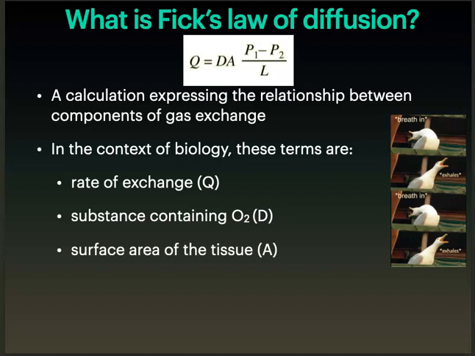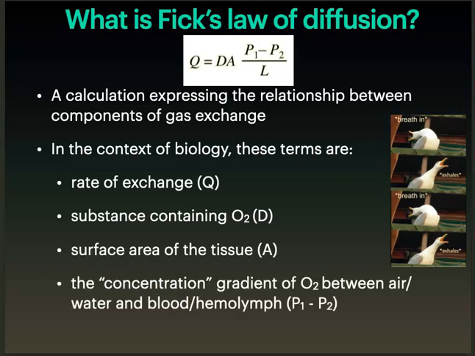The surface area of the tissue where the exchange of oxygen from the air, from the environment into your body is important. And the concentration gradient of oxygen between the air or the water and your blood or hemolymph or tissues or whatever is important.